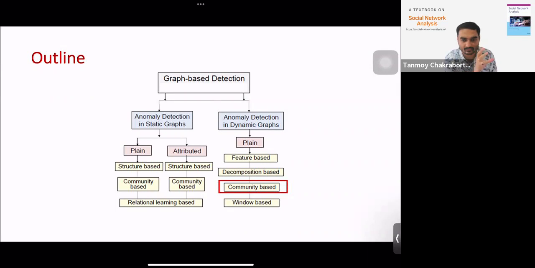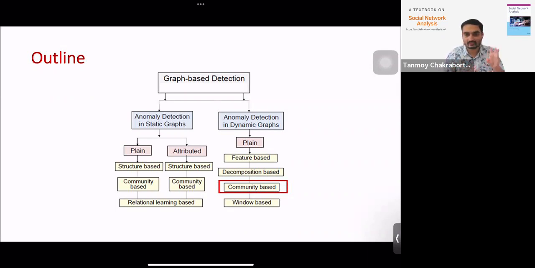At every timestamp you have a snapshot, and then you have the corresponding adjacency matrix. What you do is try to identify the communities, and then you look at how the community structure changes over time. Here it is not the case that you detect community and outlier at the same time, unlike the previous one.